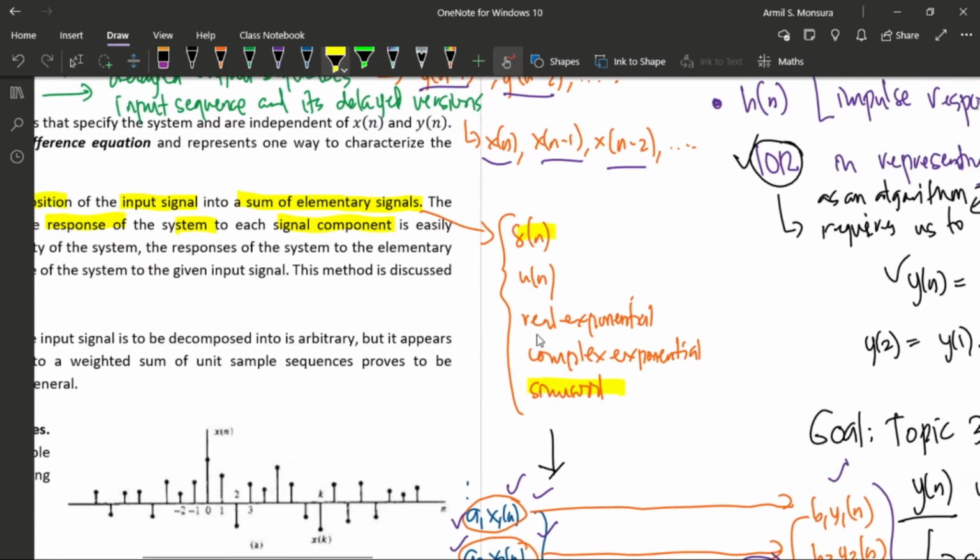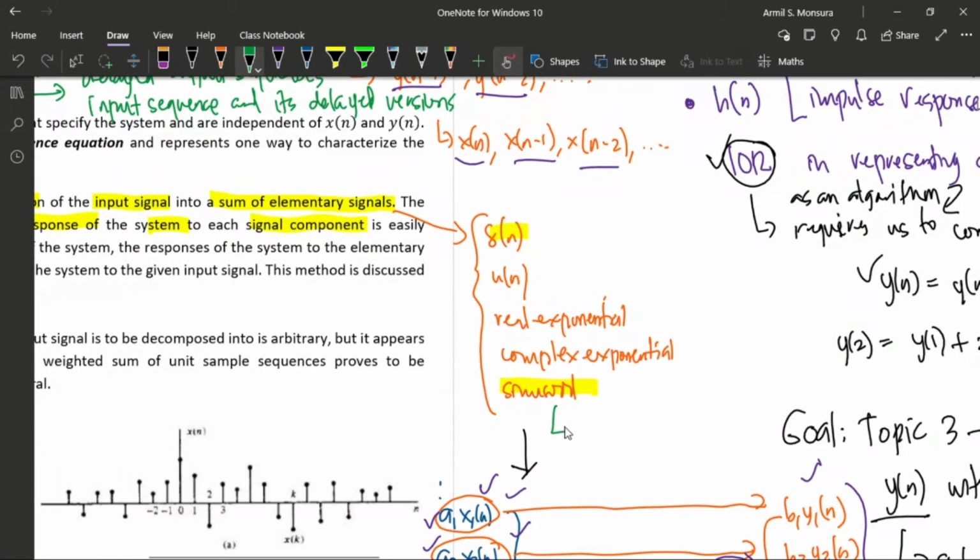Unahin ko itong sinusoid. The sinusoid actually is used as the component signals kung ang gusto nyong malaman about your system is yung tinatawag natin na kanyang frequency response.